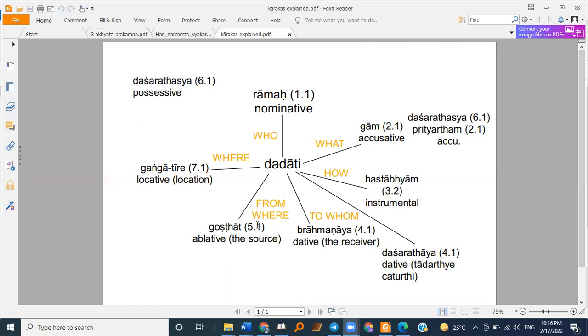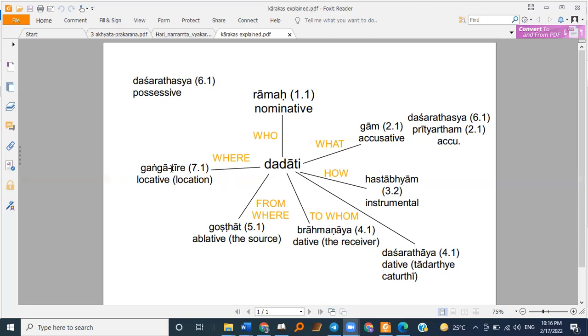Then I have kept the sixth case separately because there is a reason for that: the sixth case doesn't have a direct connection with the verb. Then seventh, where did he give the donation? Where did he give the cow? Ganga Tire.